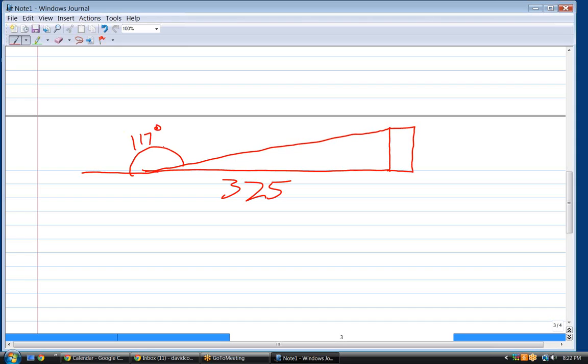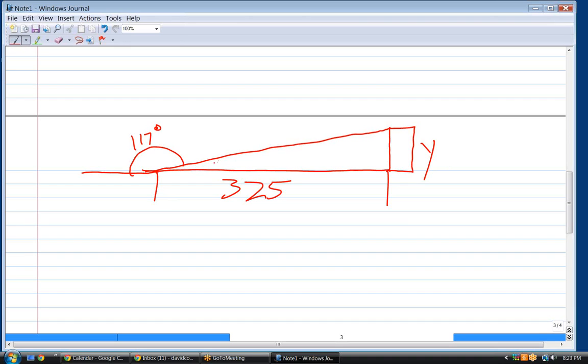Okay. And it wants us to find the length of the bridge. This distance? Yeah. Okay. What's this angle right here?